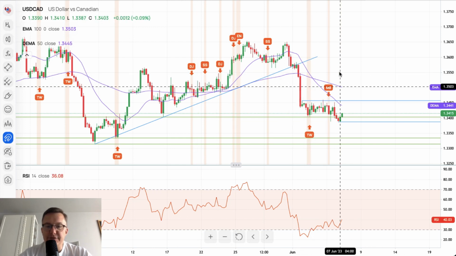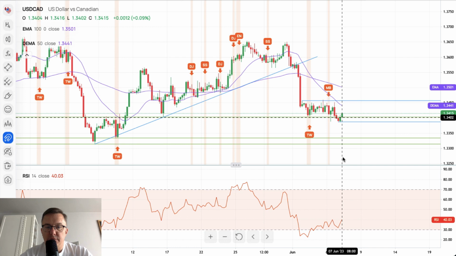In terms of the interest rate decision, any positive surprise, so the Bank of Canada hikes more than expected, of course the spike down will be produced on this market because market participants will likely sell the US dollar and buy the Canadian dollar in that situation.